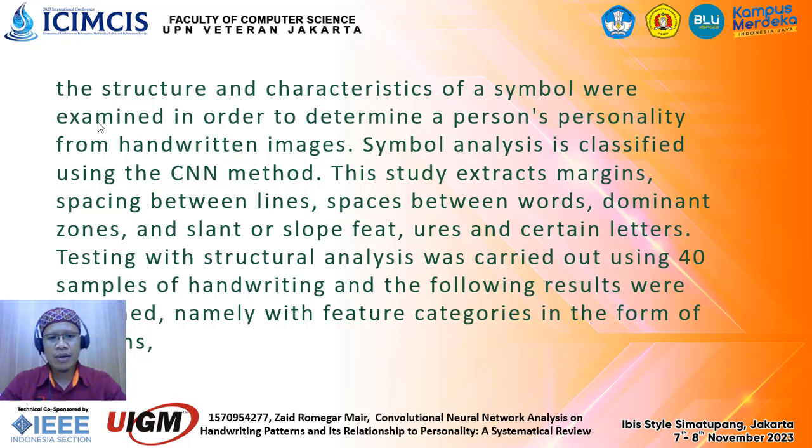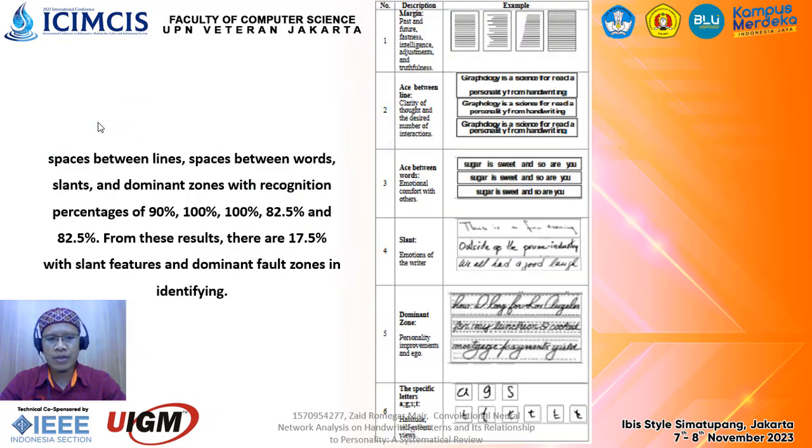This study extracts margin, spacing between lines, spacing between words, dominant zones, slant or slope features, and certain letters. Testing with structure analysis was carried out using handwriting samples, and the following results were obtained, namely with the feature categories in the form of margin, space between lines, space between words, and percentages.